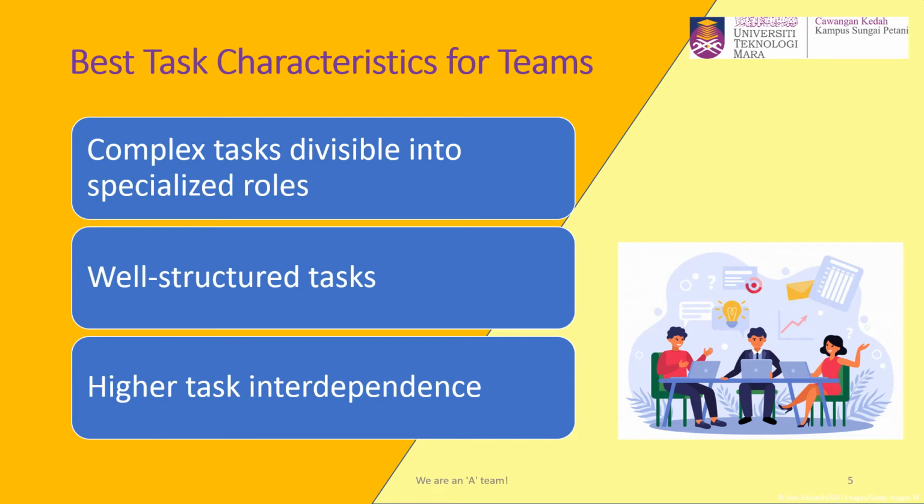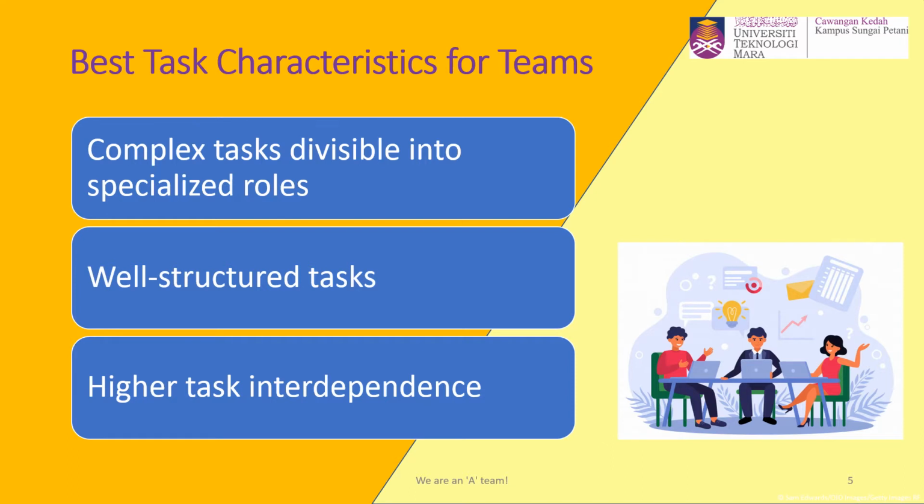Next component in assisting for a team to work effectively is how team is being designed. Not all tasks should be done by a team, as some tasks are best done individually. A team is basically well suited to handle complex tasks which later can be divided into specific and specialized roles.